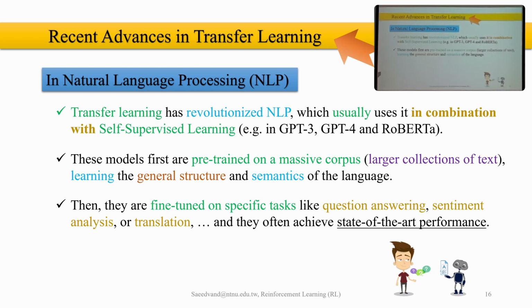So these models first are pre-trained on a massive corpus. Corpus is a common NLP term indicating a large collection of texts. It can be many documents or whatever, we call it a corpus. They have already learned the general structure and semantics of the language that we can use.